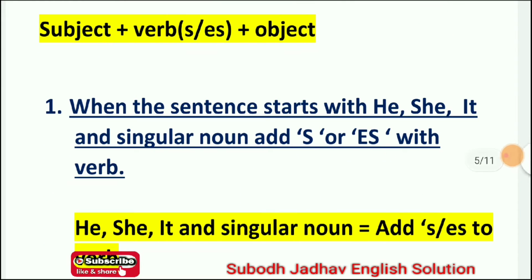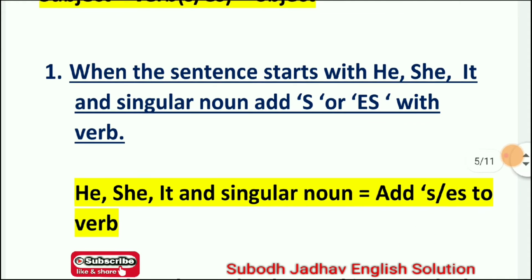Here, number first, when do we add s or es with the verb? Number 1, when the sentence starts with he, she, it and a singular noun, add s or es with the verb.